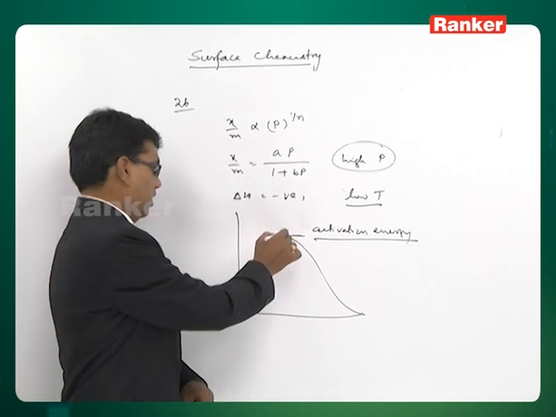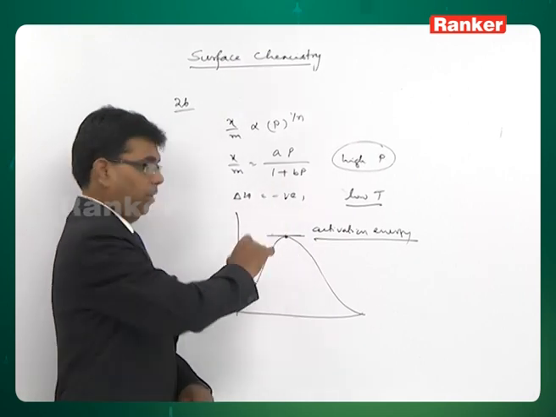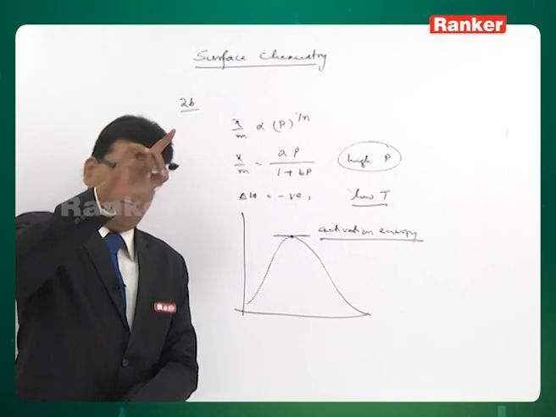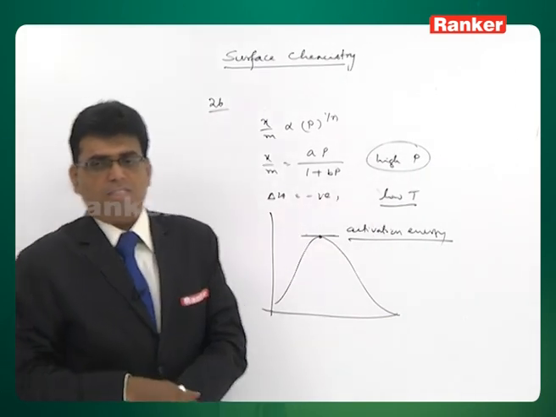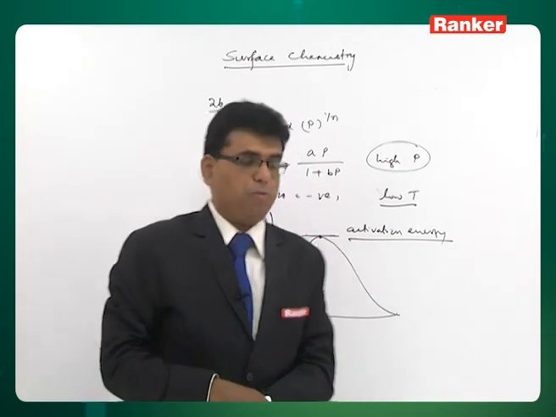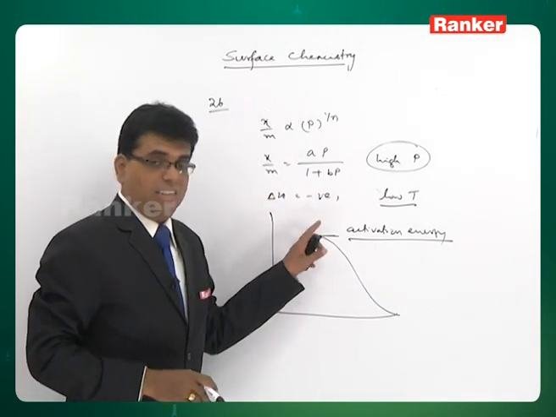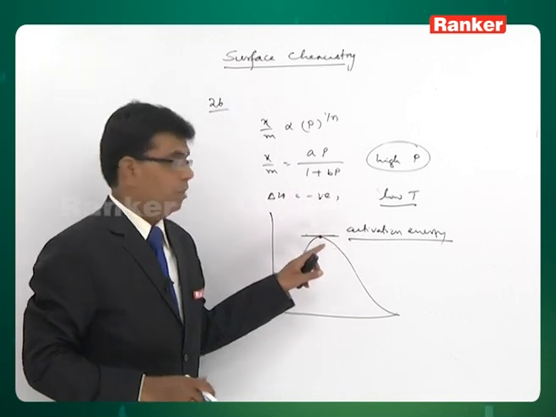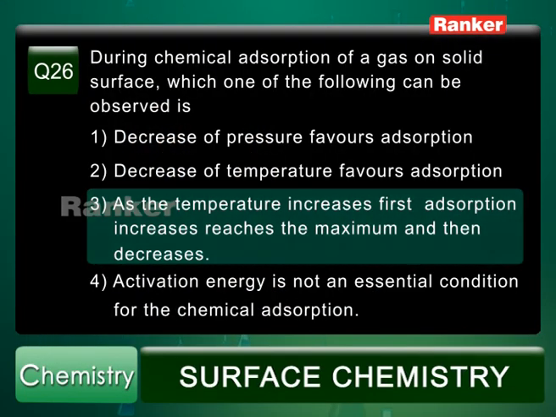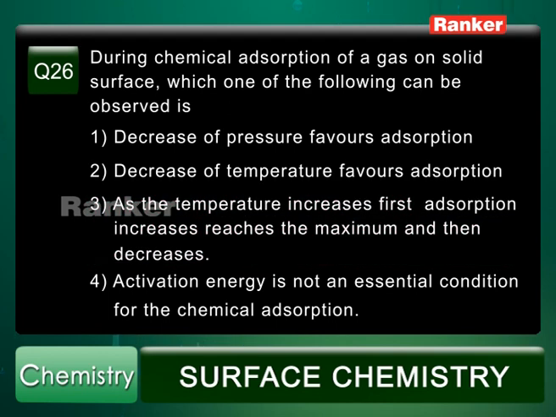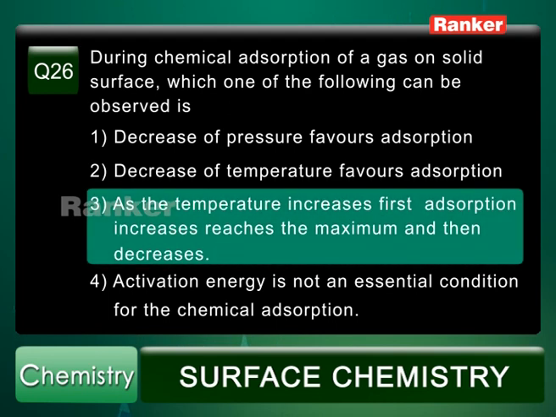So, in order to acquire the required activation energy, temperature has to rise. After that, it decreases because delta H is negative. Then, activation energy is not an essential condition for chemisorption? No, activation energy is an essential condition for chemisorption. So, overall the correct answer is option 3.